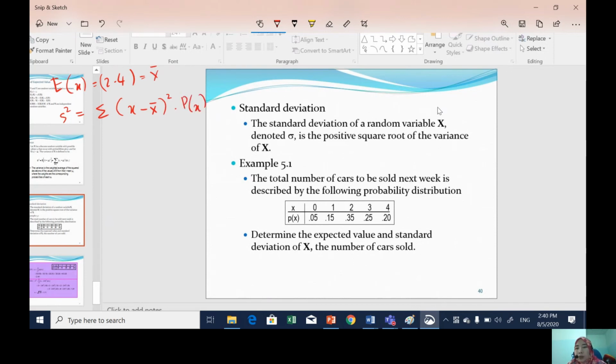Okay, so the one in the table you can write down like this. Column for x and P(x). We have (x minus x bar) to the power of 2 times P(x). So I'm going to write down again.